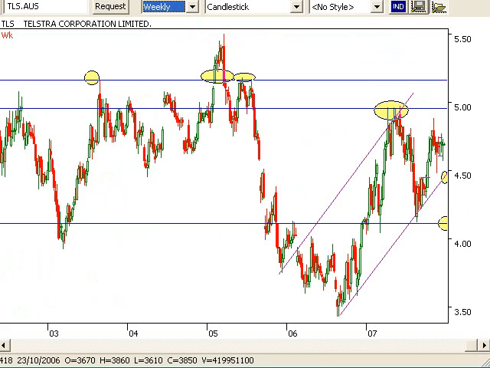So if we get a breakout around the $5 mark, we could look to our next projection point up here, which is about the $5.25 mark, or $5.20. That's where you could be looking before you get any sort of resistance out of the market. So this is Telstra Limited for today.